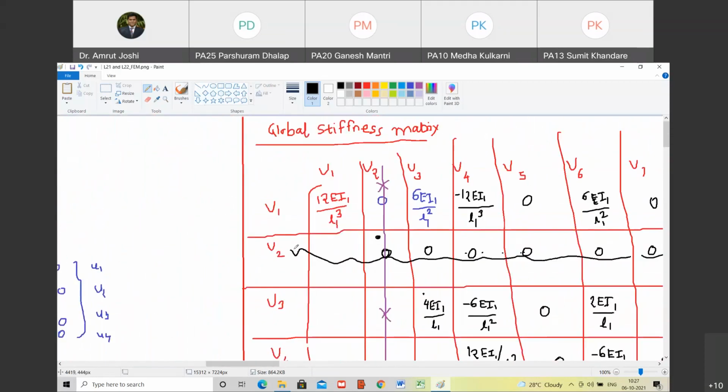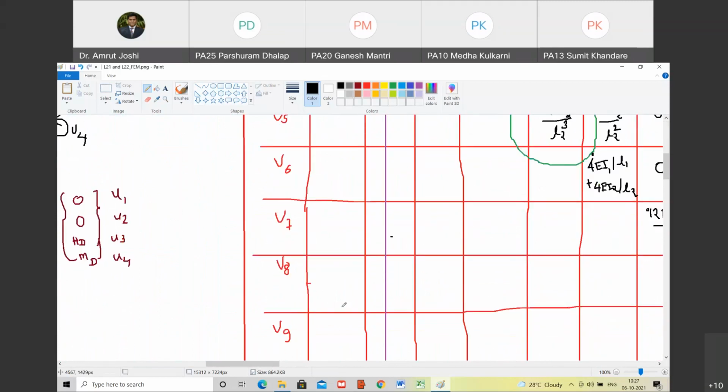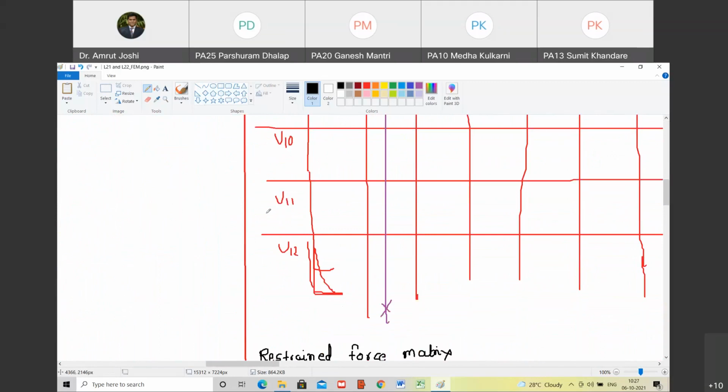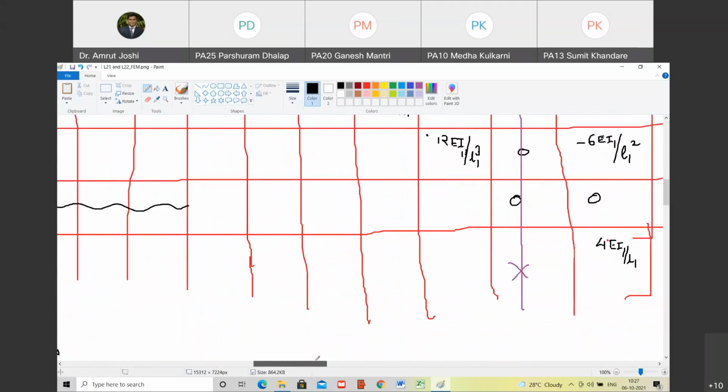It is not mapped to any local degree of freedom. चलो U11 का रो भी कैंसिल करना पड़ेगा. So U11 row also is cancelled because it doesn't map to any local degree of freedom.